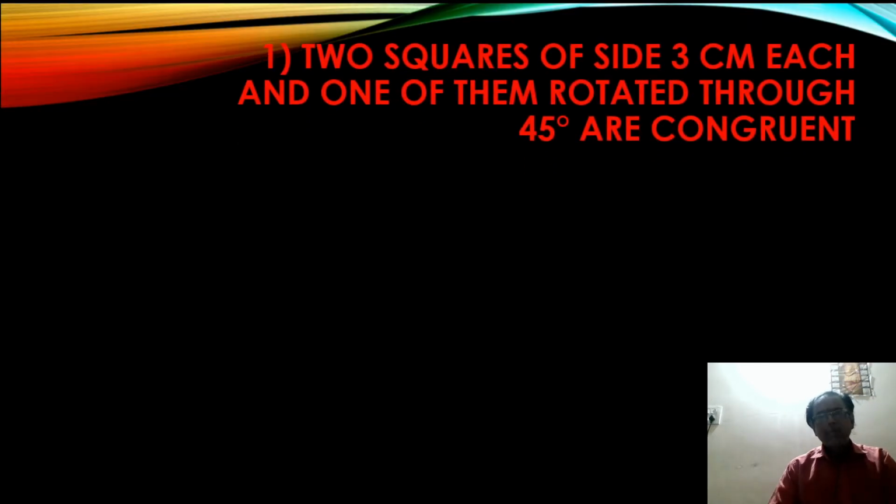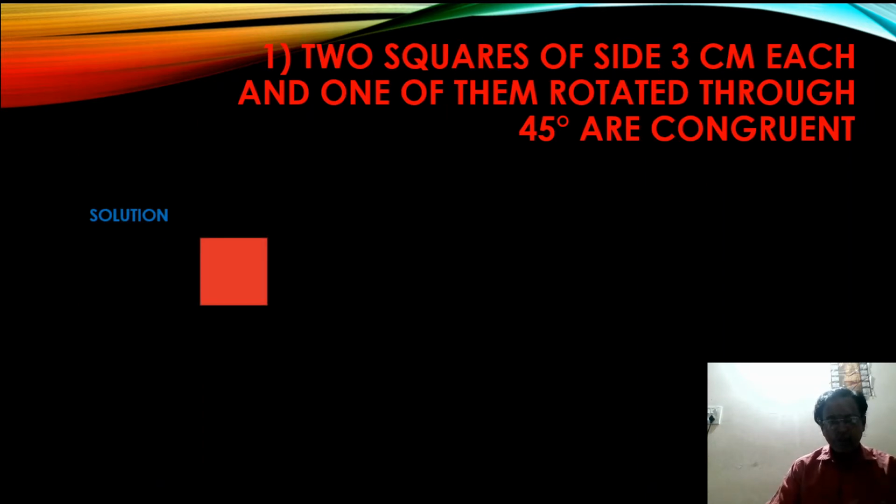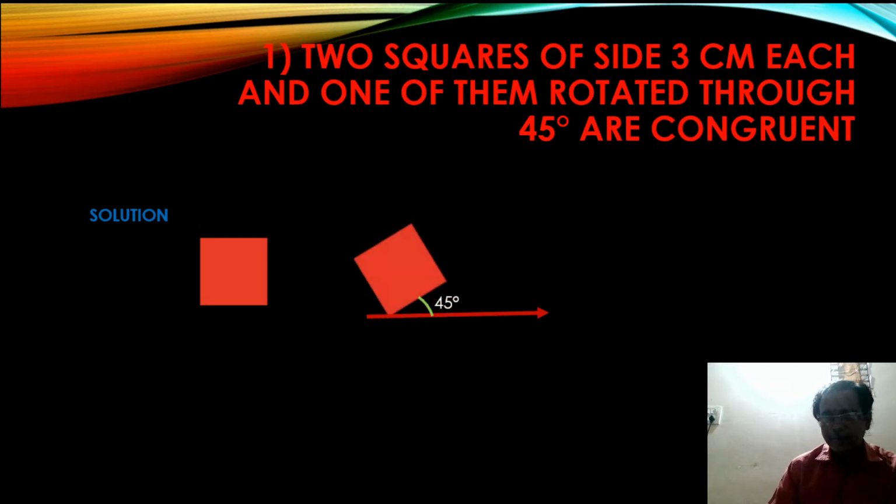Listen now. Two squares of side 3 cm each, and one of them rotated through 45 degrees, are congruent. So here it is, first a given normal square in its own position. If it is rotated through 45 degrees, is it congruent to the first one?